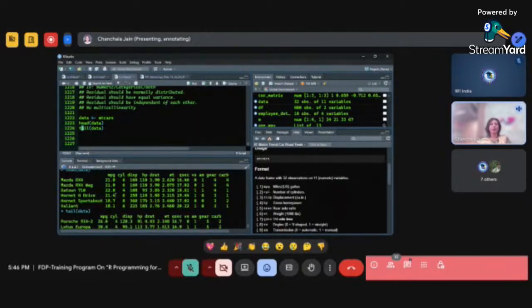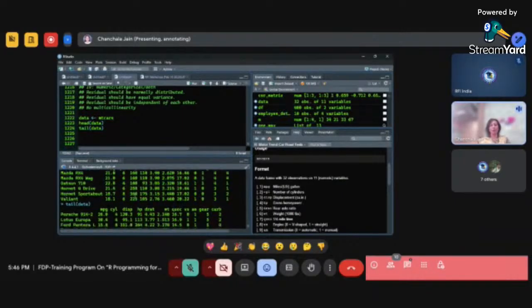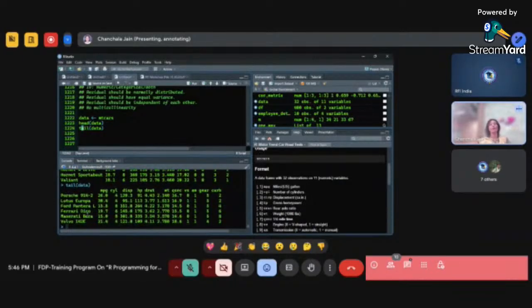Along with that, we have miles per gallon, number of cylinders, displacement, horsepower, drat, weight, qsec, VS, automatic or manual car, gear, and carburetor. These are all given in this data set for the different models of cars, right? So this is what we can see here. Now suppose I need to perform the multiple regression here.